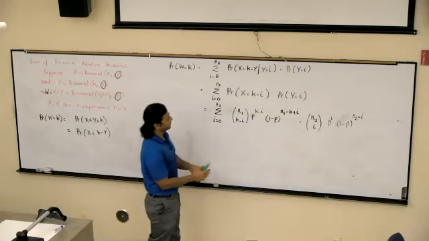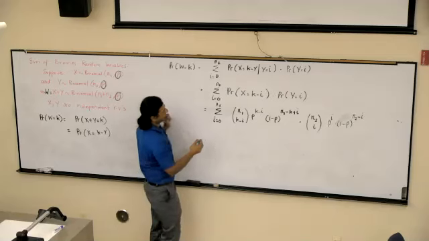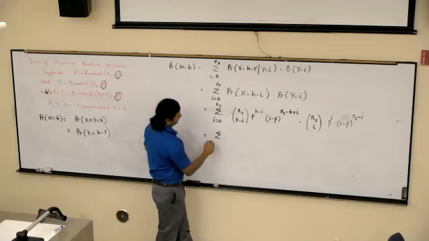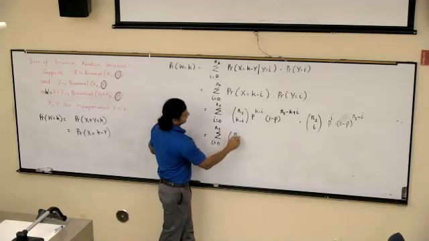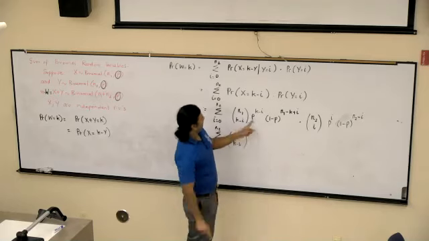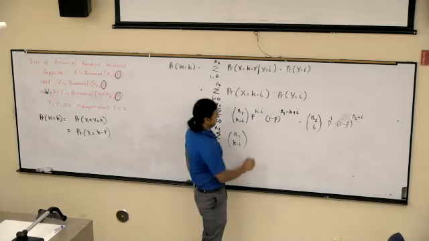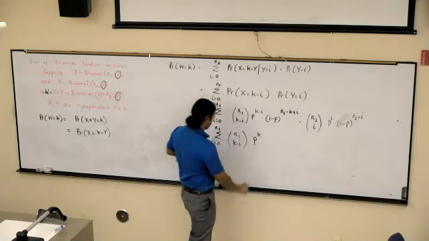Now, could I simplify it in some way? Yeah, excellent. So p raised k minus i, p raised i, that will simply give me p raised k.